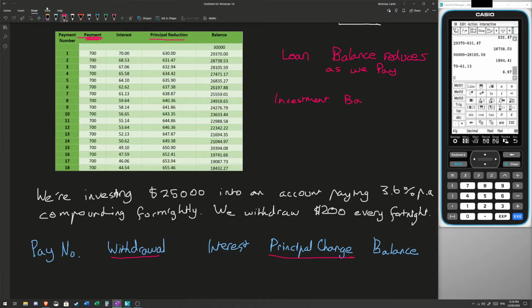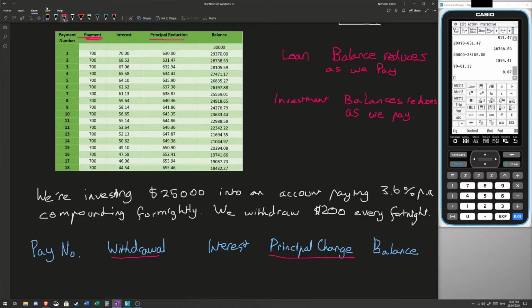Our balance reduces as well because we're taking money out of the account. I only say this because a lot of the time they can represent this second column. They can use a few different names. So you just got to understand what's actually happening. A lot of the investment ones are withdrawals, and that's why I've used it as the example here, where even though it's a positive number, the balance is reducing.